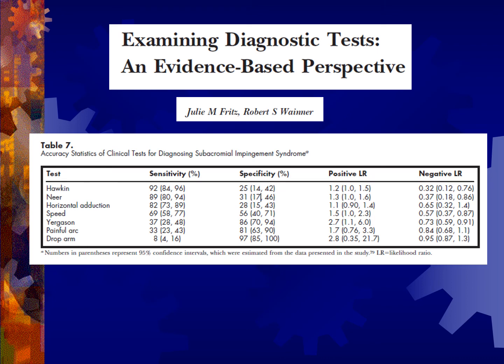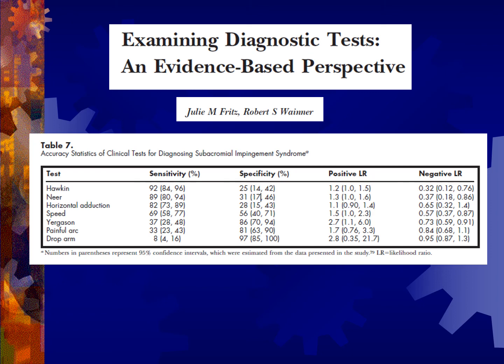We also determined that those tests are not very specific. And if you look at the positive and negative likelihood ratios, the positive likelihood ratios are awfully close to 1, but the negative likelihood ratios, at least for Hawkins and Neer, likely have some clinical significance. Those may provide data for us that are relatively clinically important in terms of a negative test.